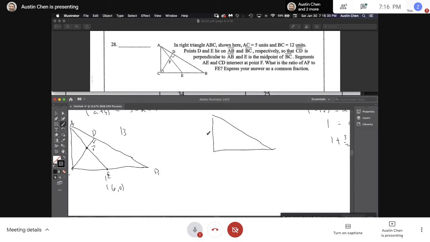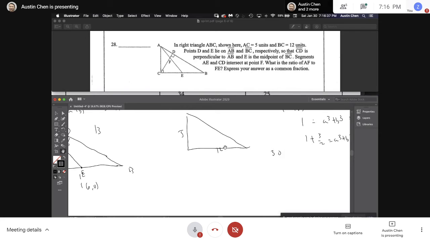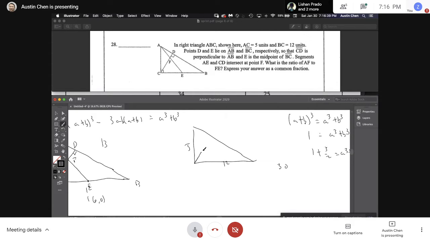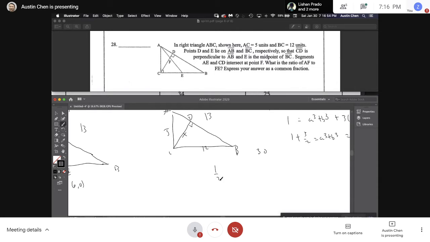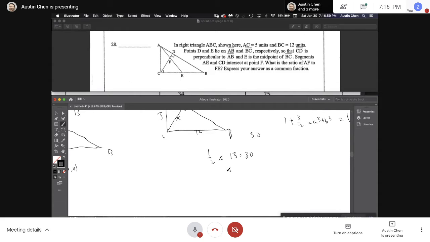The area of the triangle with this height and this base is just going to be equal to 30, right? But we also have a height of CD because it's perpendicular to AB and the base is AB. So if we say CD is X and we know AB is 13, and the area of the triangle is the same, we can say 1/2 times X times 13 is still equal to the area of our triangle, which is 30. So then X will equal 60/13.